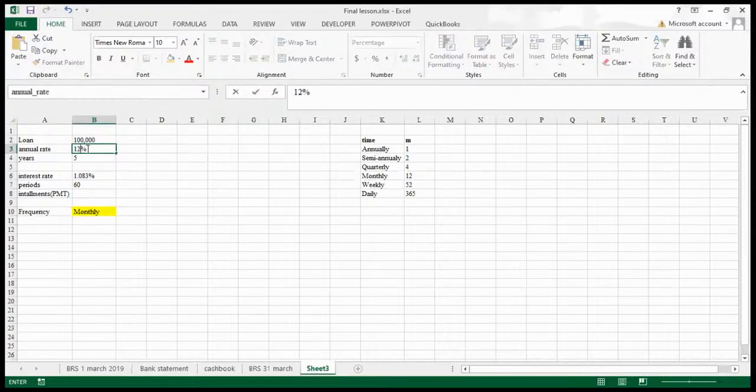So back to our 12%, our 4 years, of which with this one we can vary. So the installment or PMT is the fixed amount, but inside that fixed amount, there is the principal and the interest component.